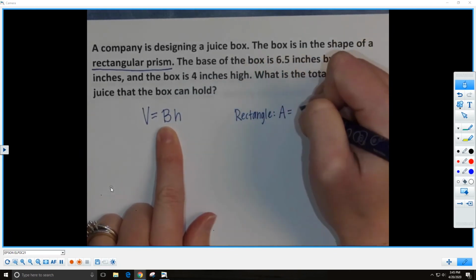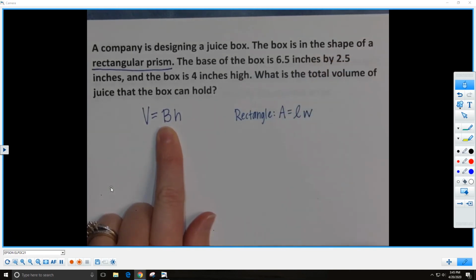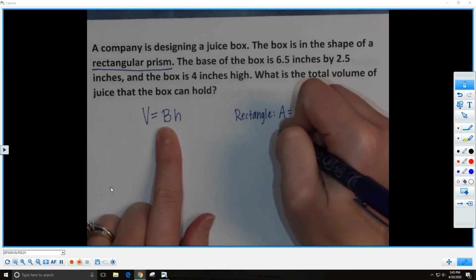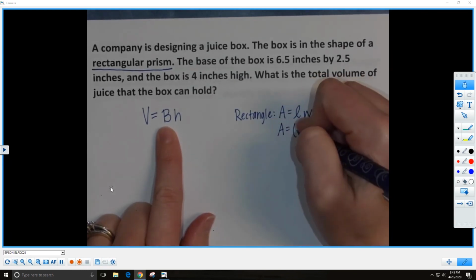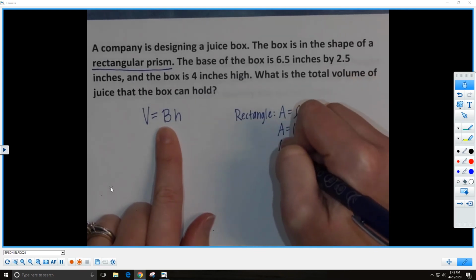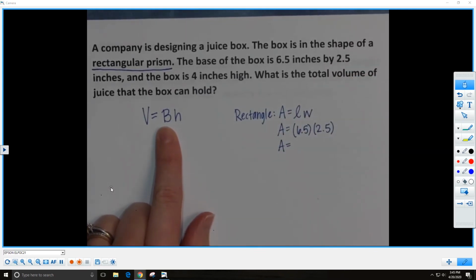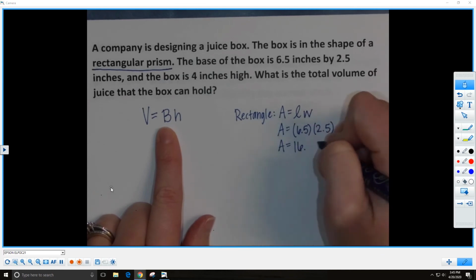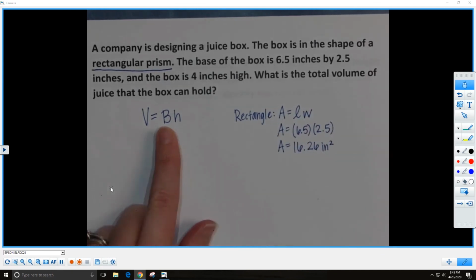The formula for the area of a rectangle is length times width. When you go back to the problem here, we know that this rectangle is a 6.5 by 2.5 rectangle. Multiplying those two numbers together, I hope that you got 16.25 square inches.